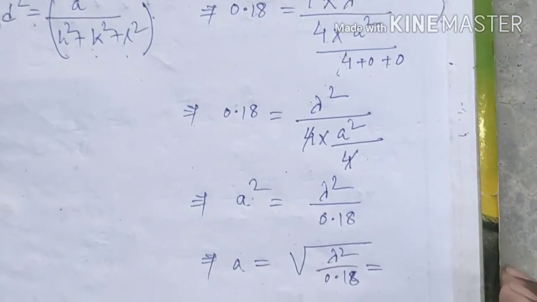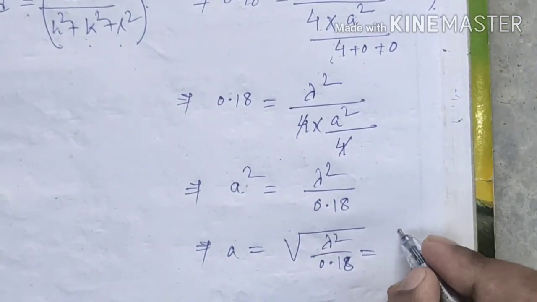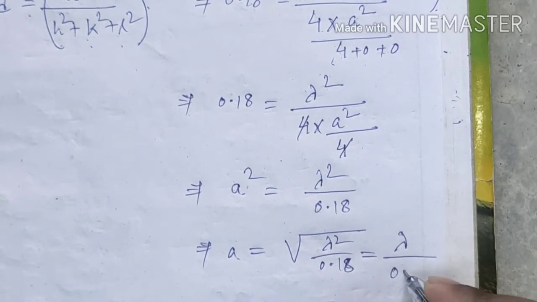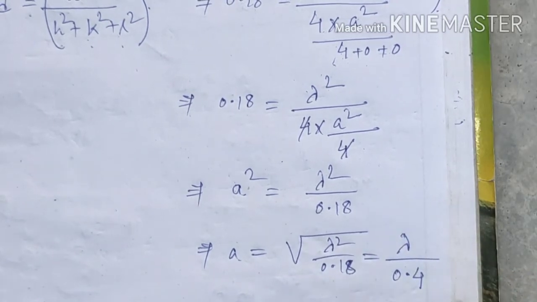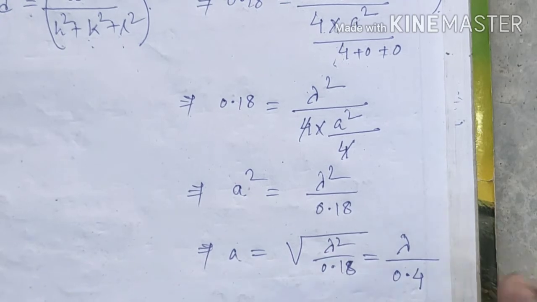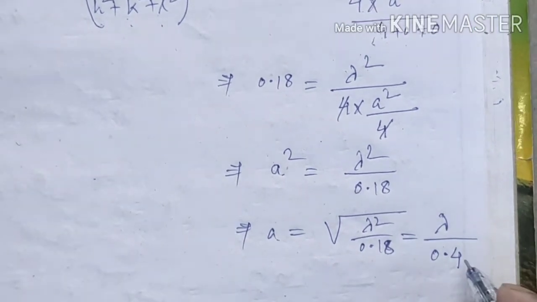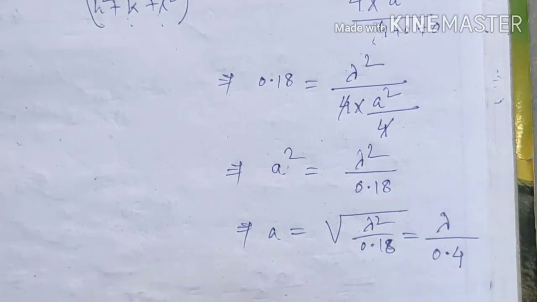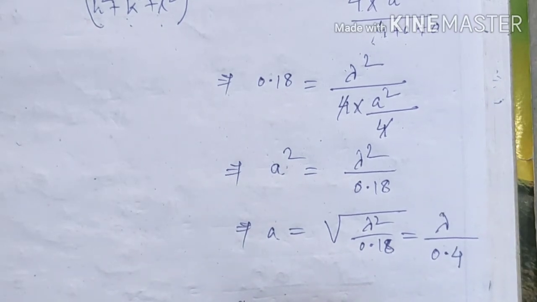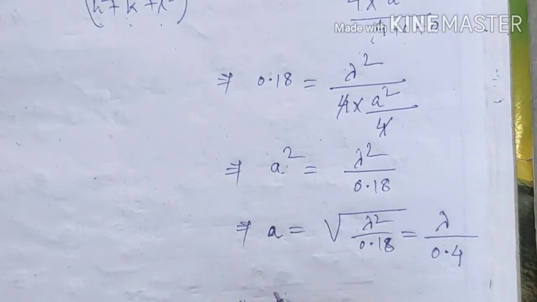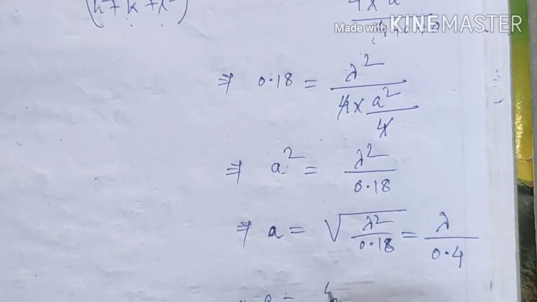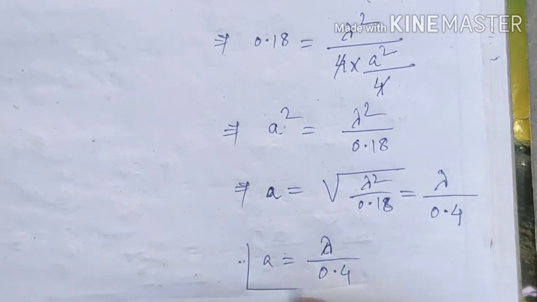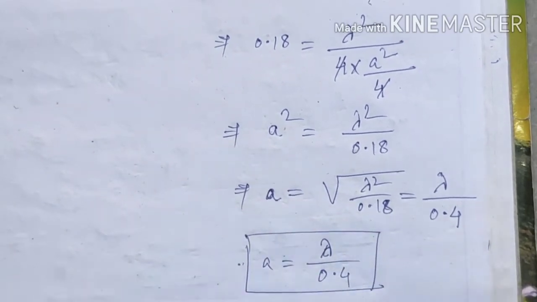If we solve it, we will get lambda divided by 0.4. The square root of 0.18 is a little above 0.42, but I am just taking it as 0.4. So the value of the unit cell we get is lambda by 0.4.